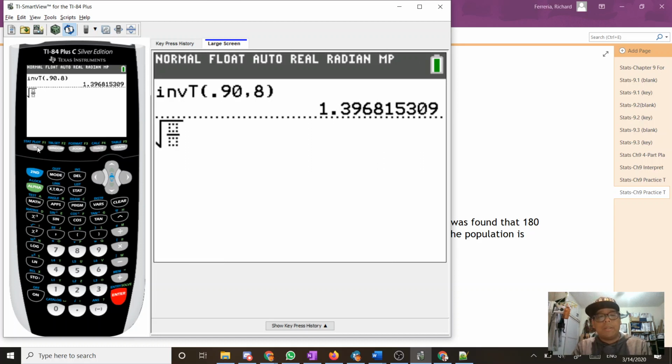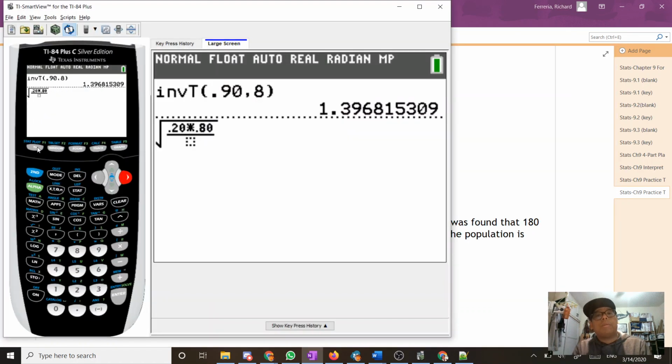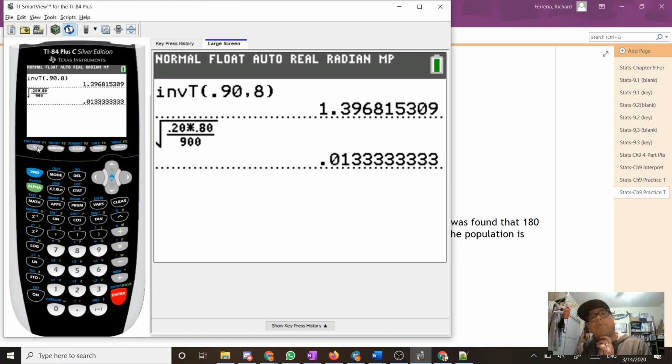Okay, that is 0.2 times 0.8 over... 50? What is the sample size again? I forgot. Oh, 900. Ah, 0.133.